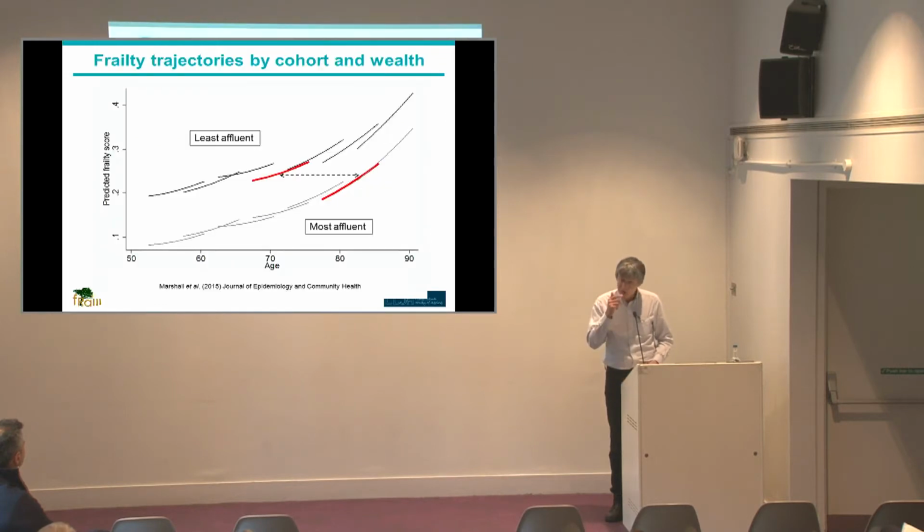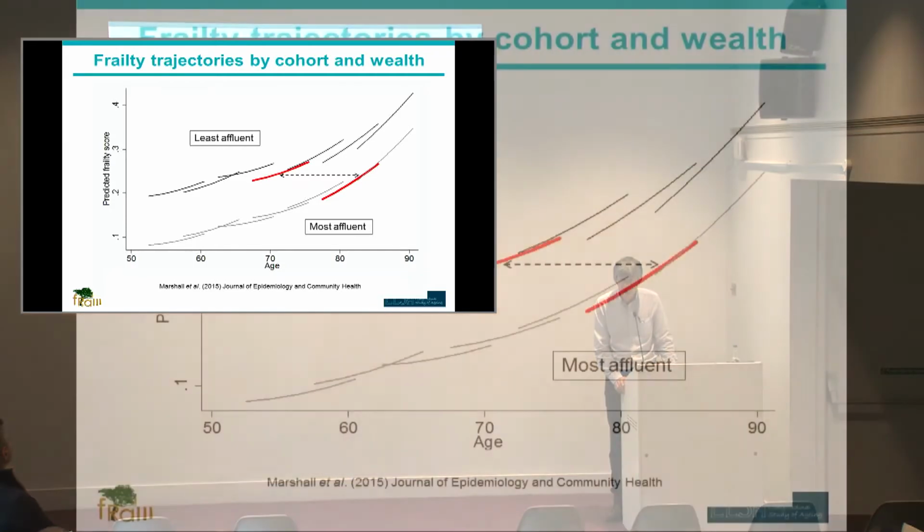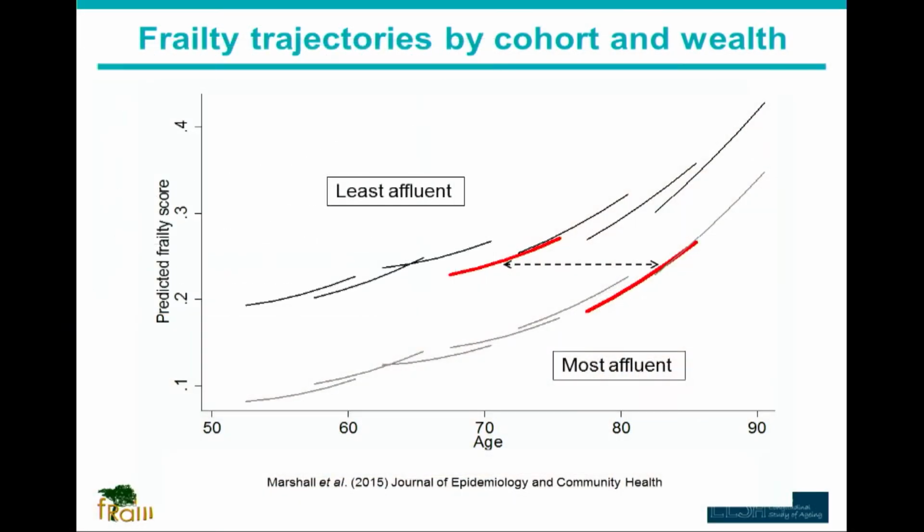This looks at frailty, which is the outcome that I'm going to talk about most when I show you some empirical examples of metabolomic work. So these are frailty trajectories by cohort and wealth. It's essentially the same idea of a chart as the one you've seen before, except here I explicitly show cohort differences as well.